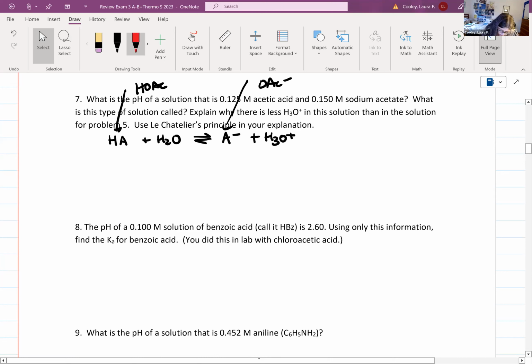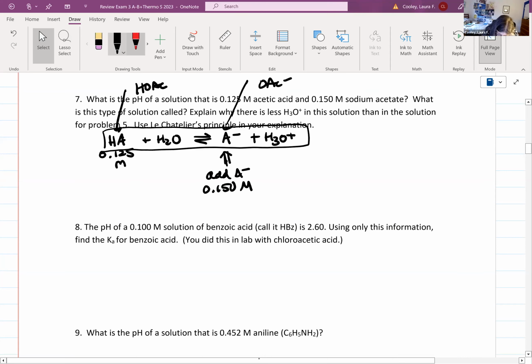If you have a 0.125 molar solution of HA, and you have this equilibrium, and then you add acetate to make the solution 0.15 molar in acetate, what would that do to the equilibrium? Which way would that drive the reaction?